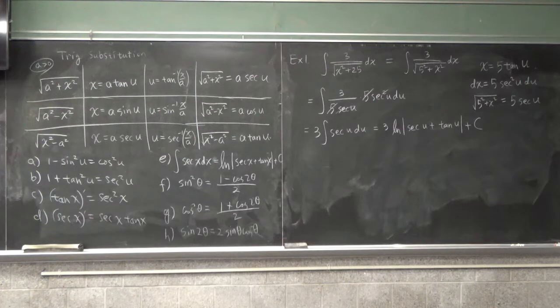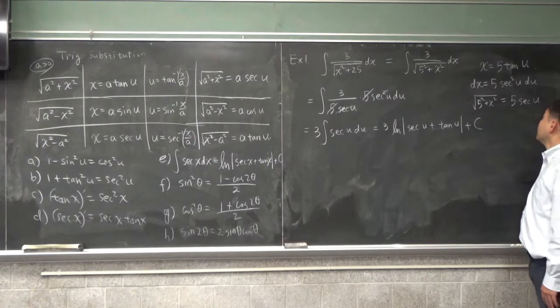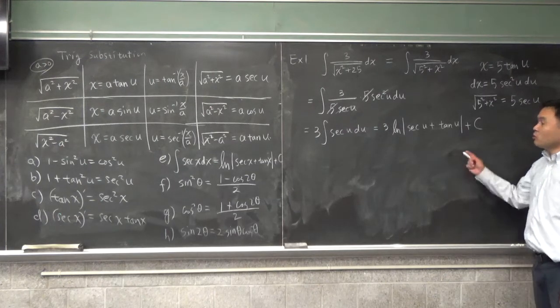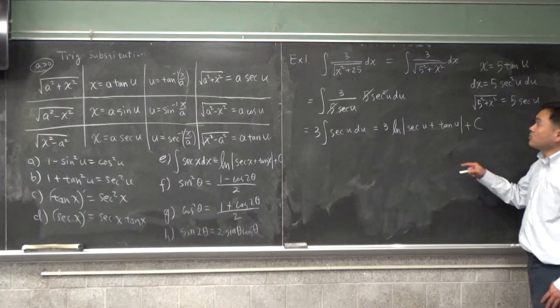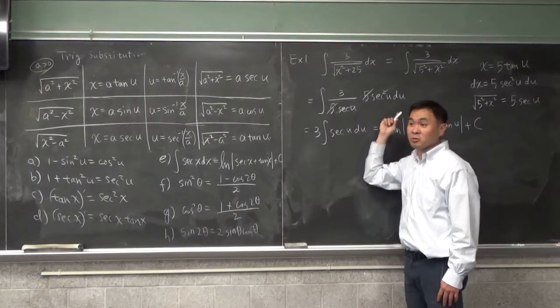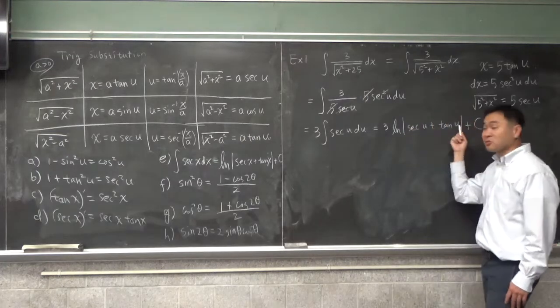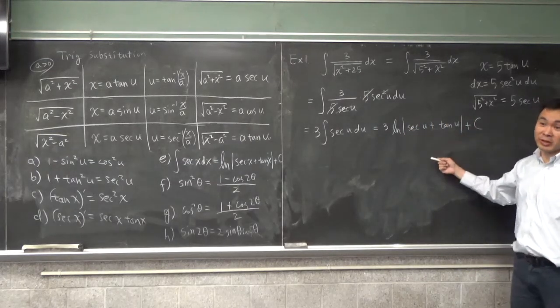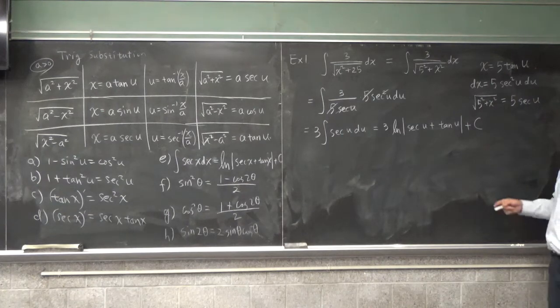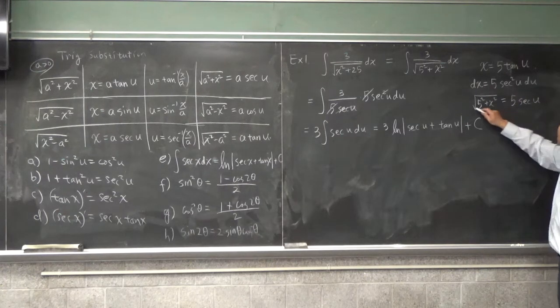But wait, you need to go back to x, right? Since this is a substitution after all, in any substitution question, when you write your answer in u, at the end of the day you have to go back to x. That's an additional step you have to do. And you do it by first looking at this right here.